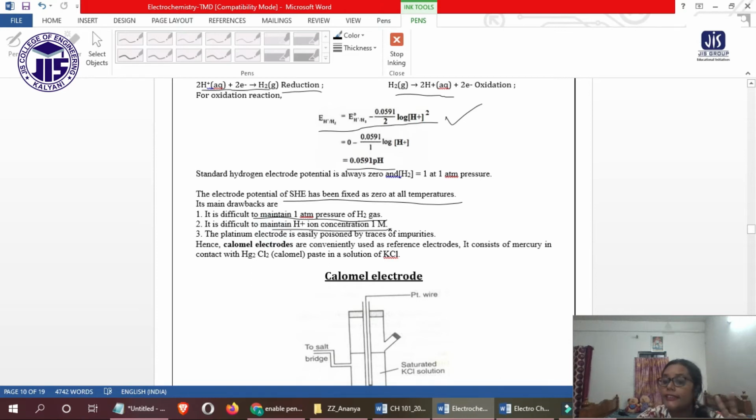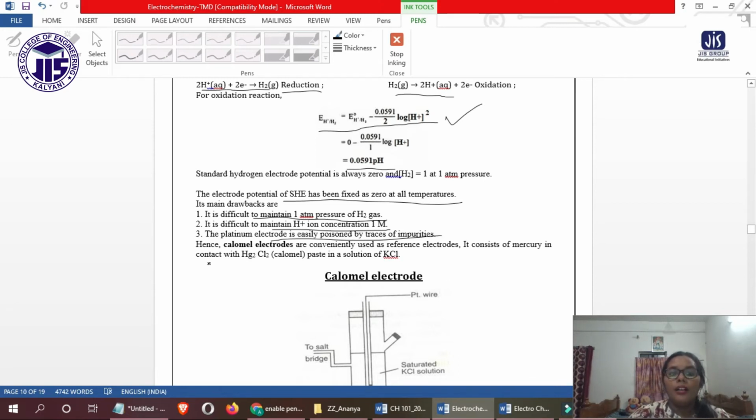Yes, this is a standard condition, so we have to maintain a 1 molar solution and obviously 1 atmospheric pressure also. These conditions are very difficult to maintain throughout the whole reaction. The platinum electrode is also easily poisoned by trace impurities.